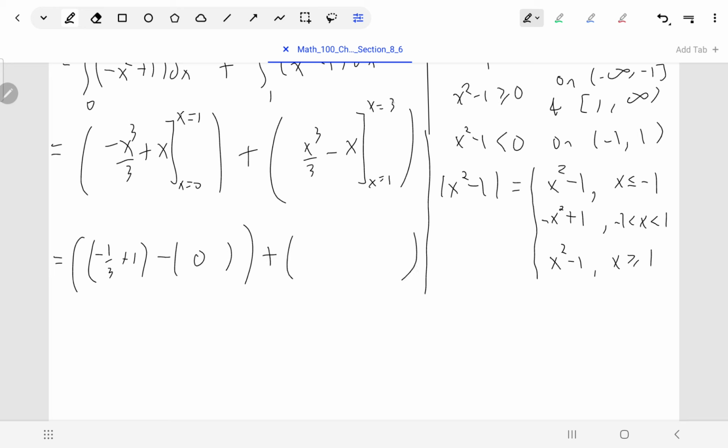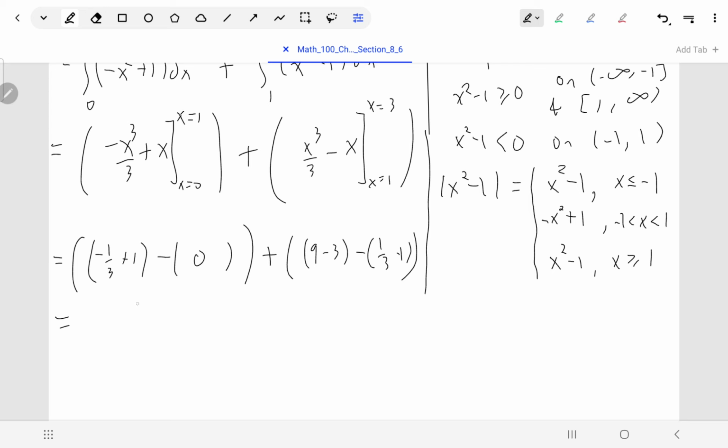All right, for the second one, we're evaluating at 3. We'll have 3 cubed over 3, which turns out to be 9. 9 minus 3. And when we evaluate it at 1, we'll have 1/3 minus 1.